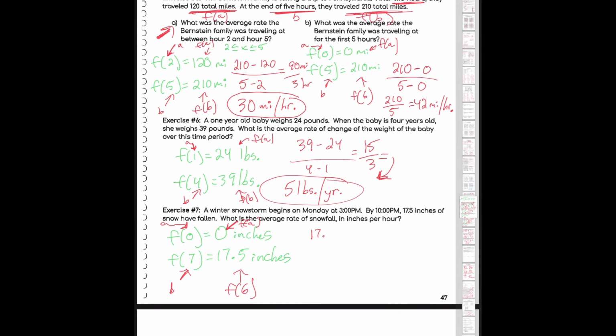So what we would do here is the same thing we've been doing, 17.5 minus 0, our f of B minus f of A, and then B minus A, which is 7 minus 0. So we have 17.5 over 7. That would give us 2.5 inches of snow per hour. That is our average rate of snowfall.